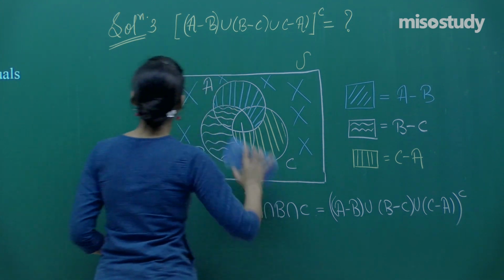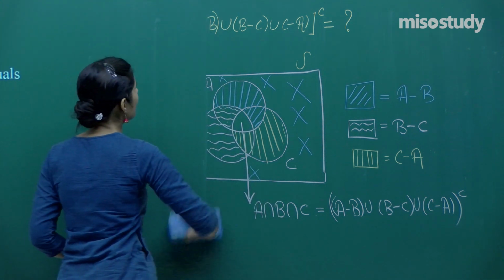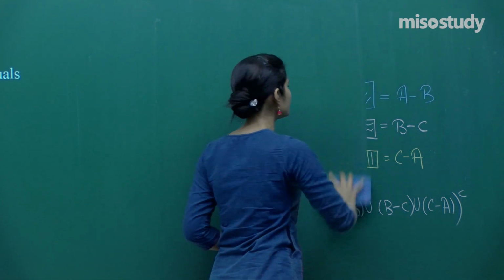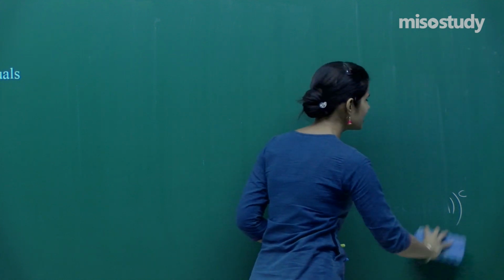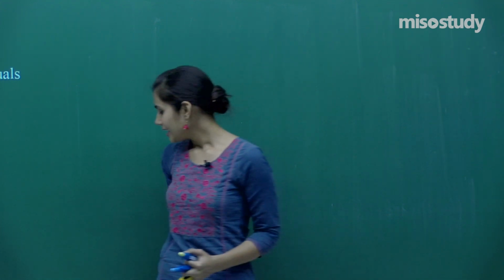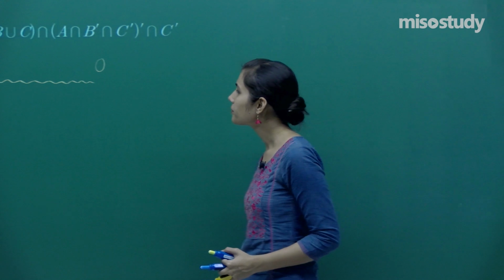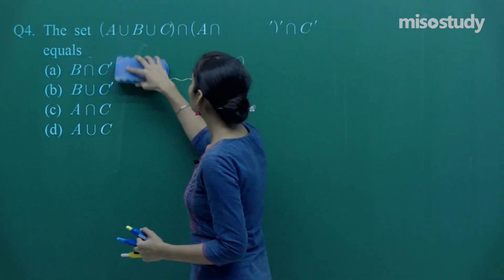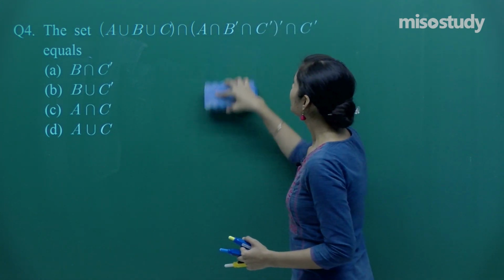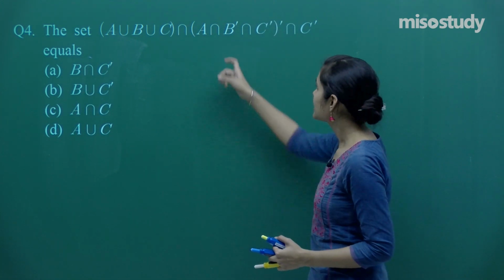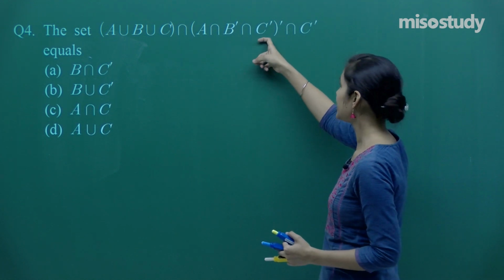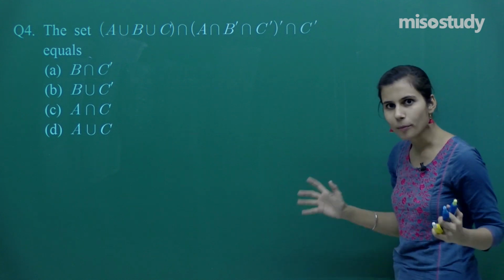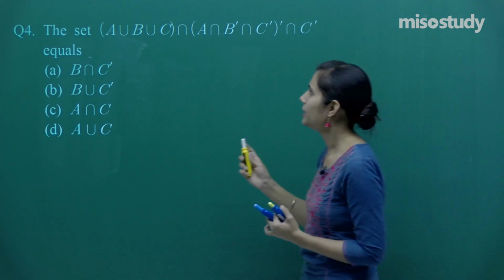Now we are in a position to unveil what question number 4 is giving us. Isn't this interesting, the approach to just visualize sets and your answers are there with you. Let us see question number 4. It is saying that the set A union B union C intersection A intersection B complement intersection C complement whole complement intersection C complement. Oh my God, such a difficult expression.